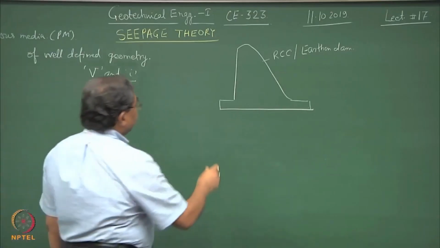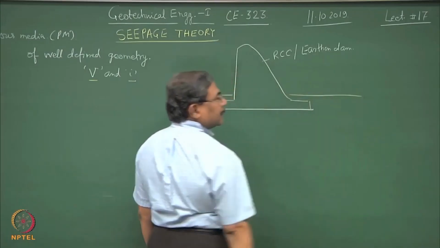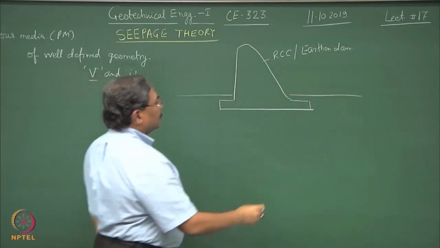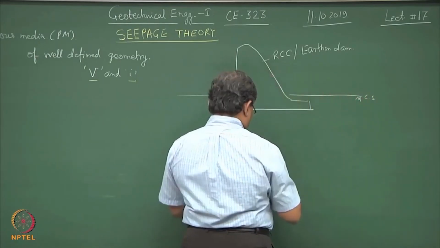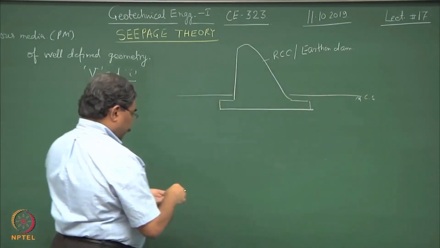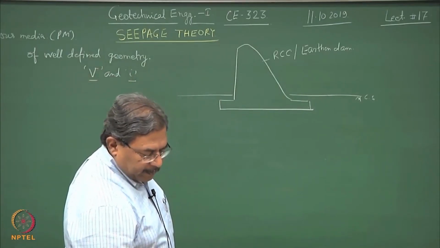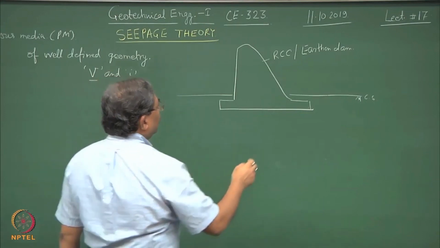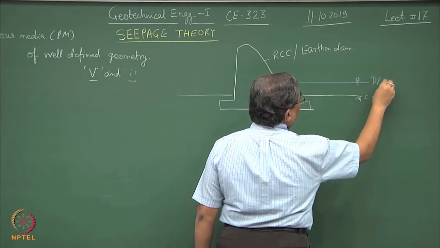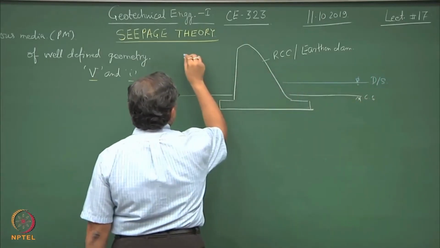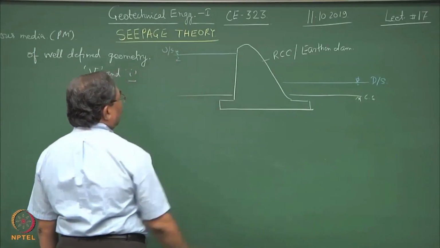Now this system is sitting on the ground in such a manner. So this happens to be the ground surface, and we have to show that there are two sides which are defined as upstream and downstream. So suppose this is the downstream water and this happens to be the upstream water.